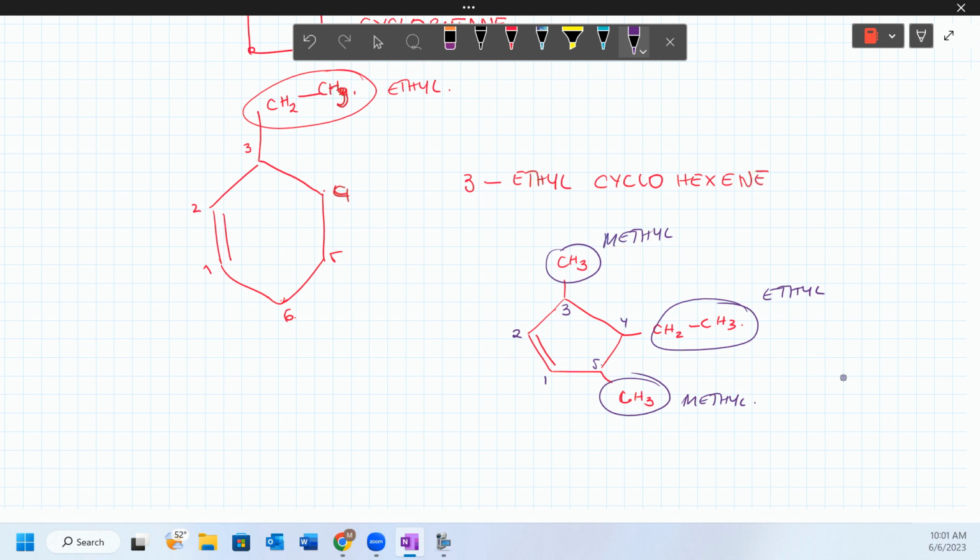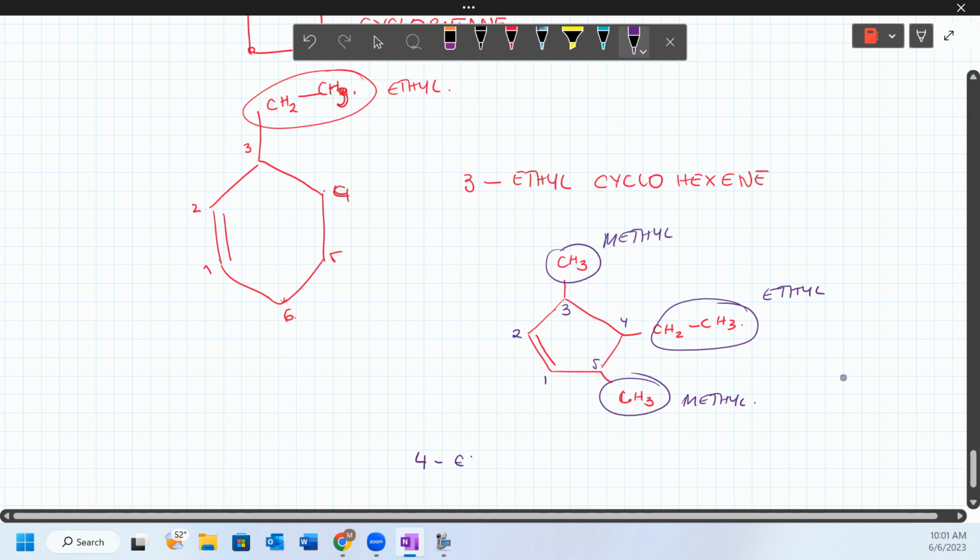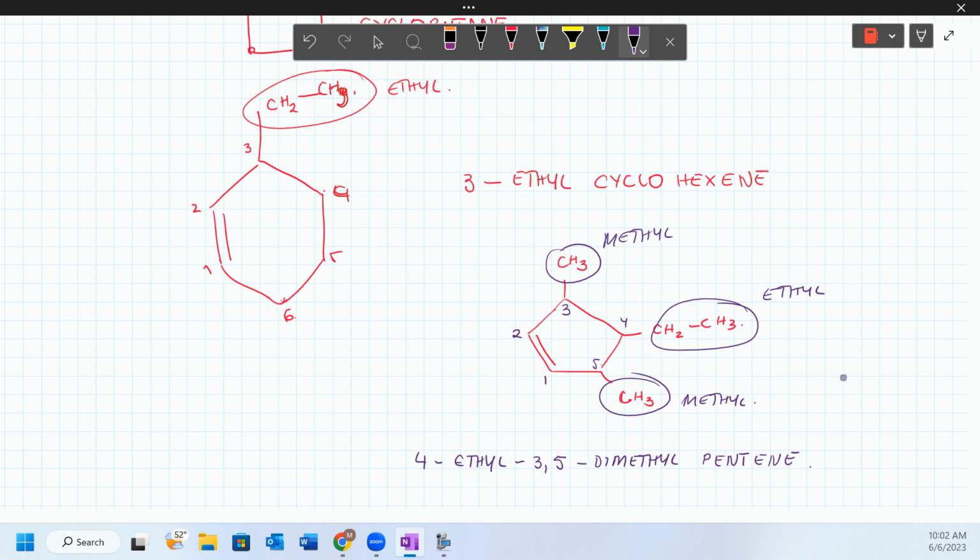E comes before M, so at 4 we have an ethyl, and then at 3 and 5 we have dimethyl, and it's 5, so it's pent. We have a double bond here, E-N-E, pentene. It doesn't really matter if it is clockwise or counterclockwise, whatever you want, it's fine.